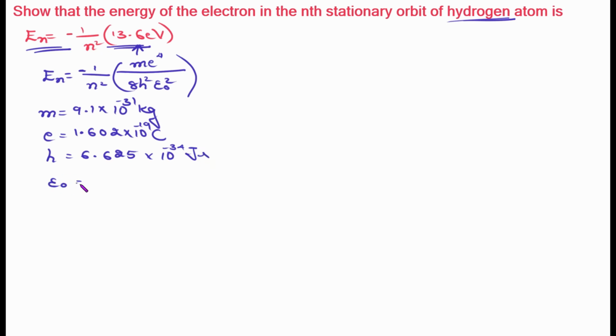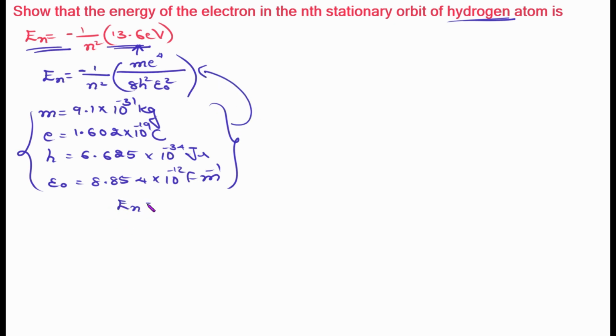The epsilon naught value is 8.854 into 10 to the power of minus 12 farad per meter. So these are the known constant values, and we substitute them in this equation.